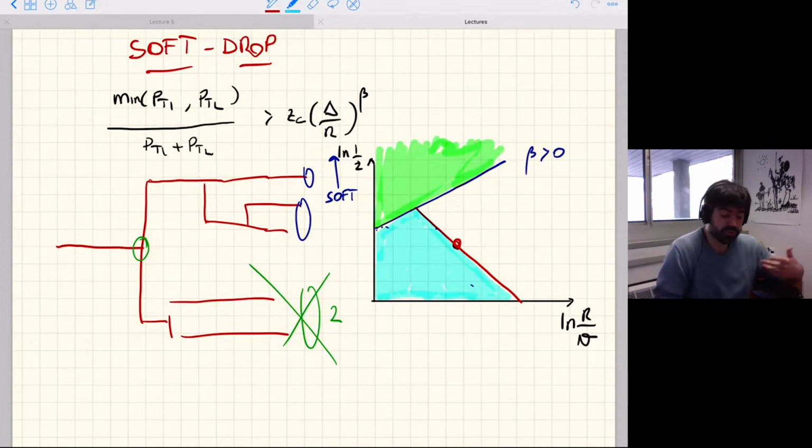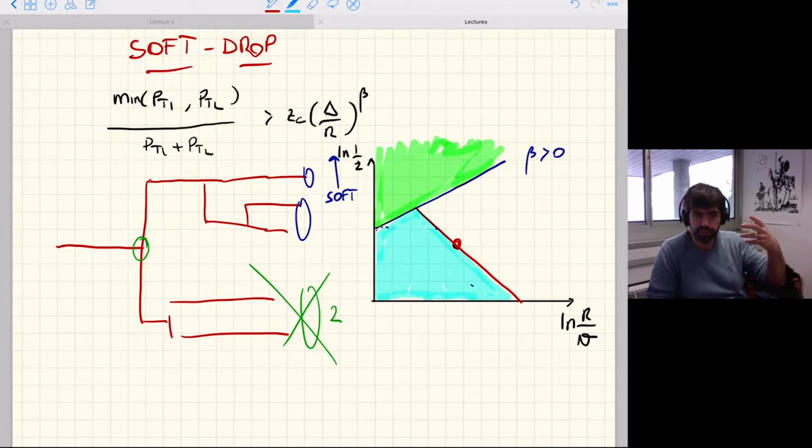There's actually something more. This is specific to soft drop. The way it's constructed gives me something for free. So for instance, the complicated, very difficult things I mentioned, non-global logs and color correlations, either vanish for soft drop jets or are very much reduced.